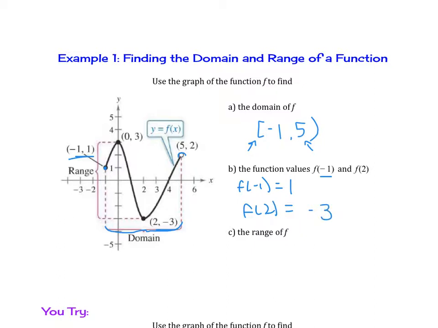The range has to do with our y values. So what's the lowest to the highest? Our lowest y value is here, which is a -3, and it is a closed circle there, so it's included. And then the highest it gets is a +3, and again, a bracket.